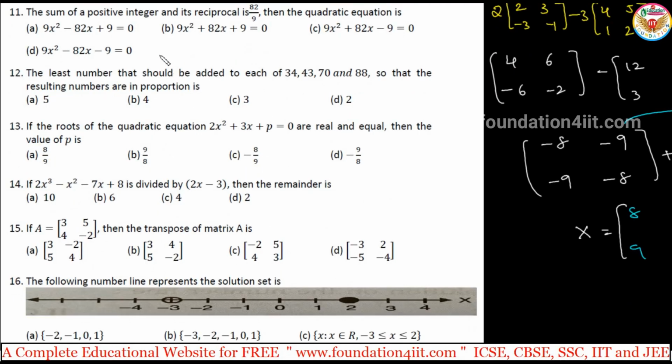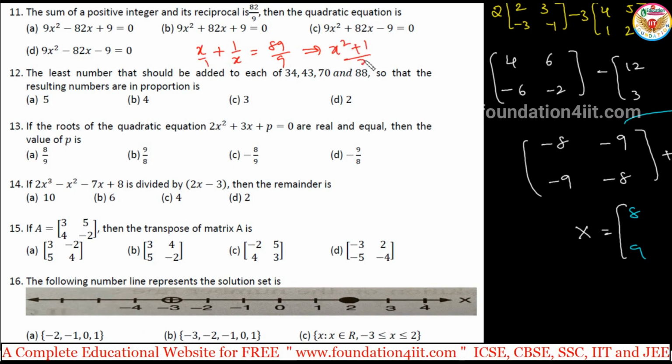Right? And here, the sum of a positive integer and its reciprocal is 82 by 9. Then the quadratic equation. Let the positive integer be x, plus its reciprocal 1 by x is equal to 82 by 9. So we can do cross multiplication and get the quadratic equation. X means x by 1. X square plus 1 by x is equal to 82 by 9.